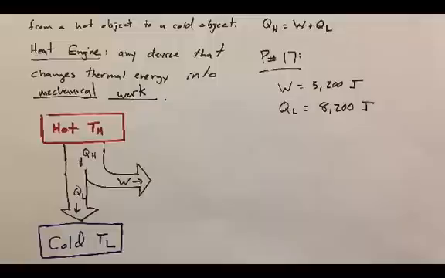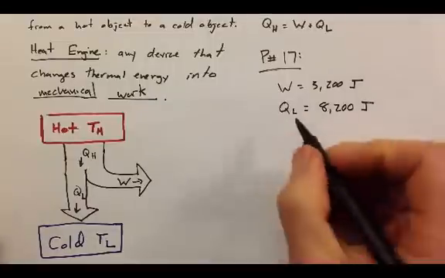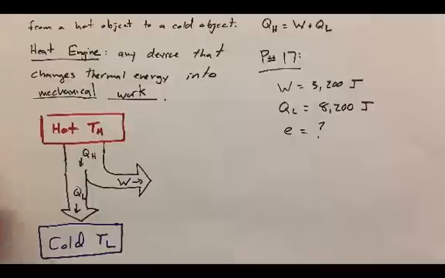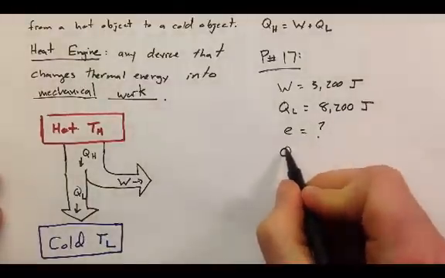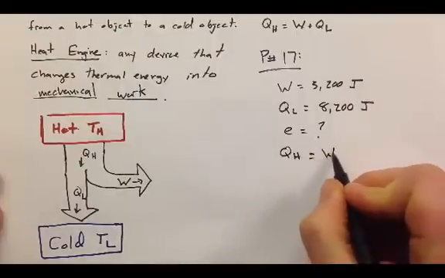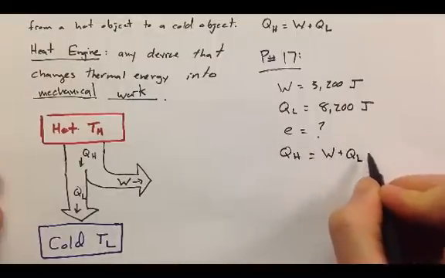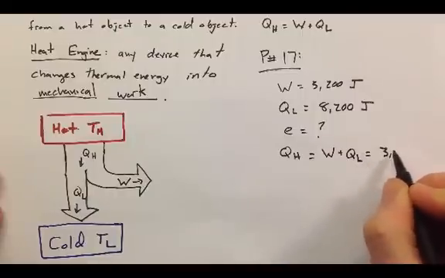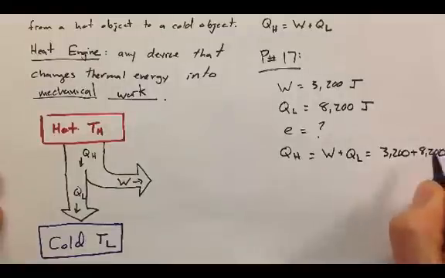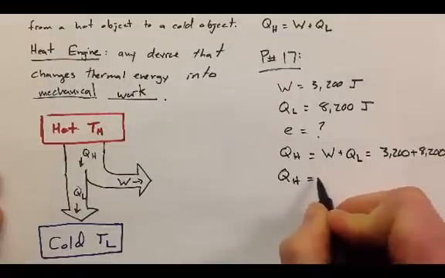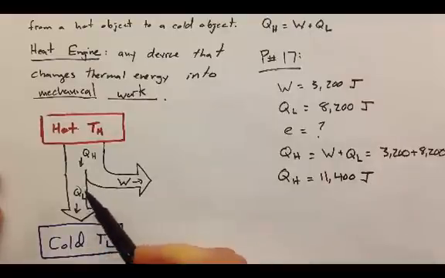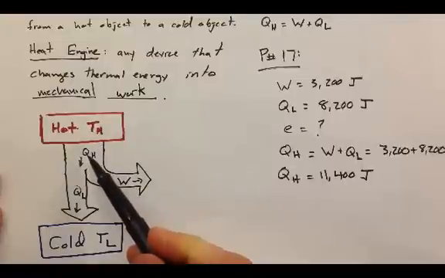Okay, so the amount of heat flowing out here must be equal to W plus Q sub L, or 3,200 plus 8,200. So Q sub H is equal to 11,400 joules. Okay. So 11,400 joules of heat flow out of the hot reservoir each cycle. Of that, 3,200 joules gets turned into work. The other 8,200 joules goes to the cold reservoir.